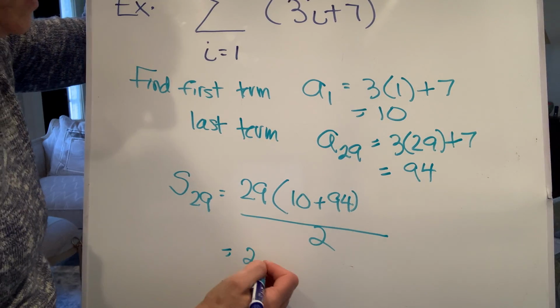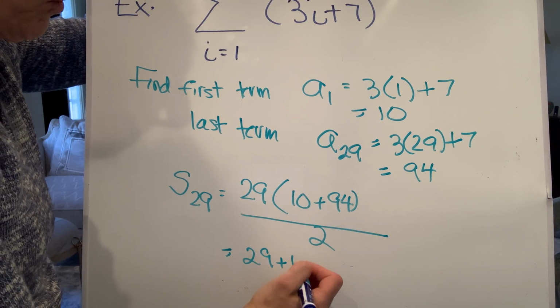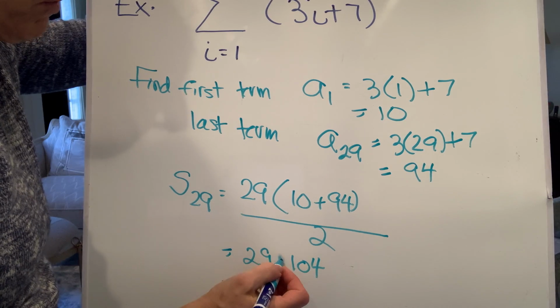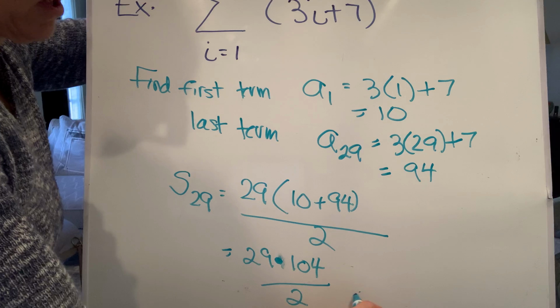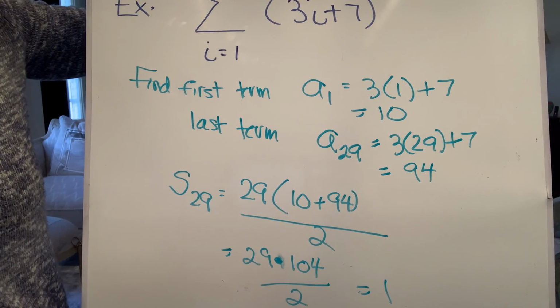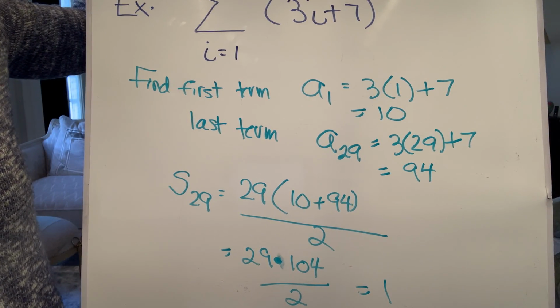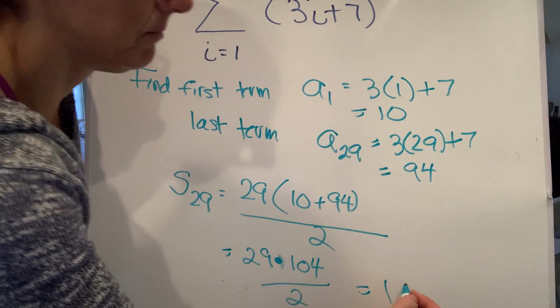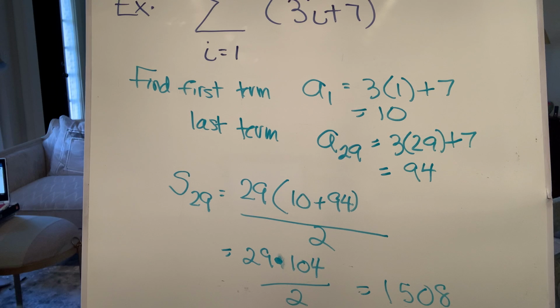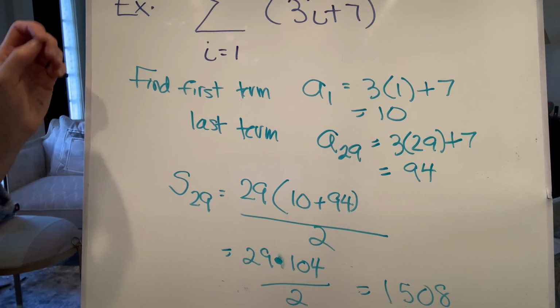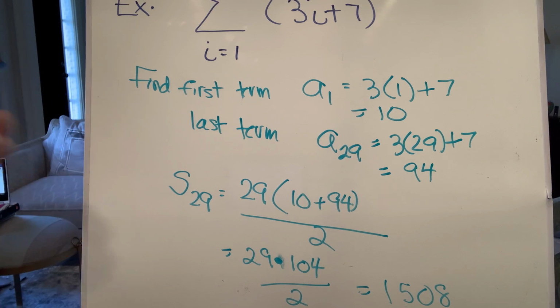So I get 29 times 104 divided by 2, and that comes out to be 1,508. Again, we wouldn't have wanted to write out all 29 terms and then put them in a spreadsheet or a calculator and add them all up. You could have done that, but using the formula, it is much quicker.